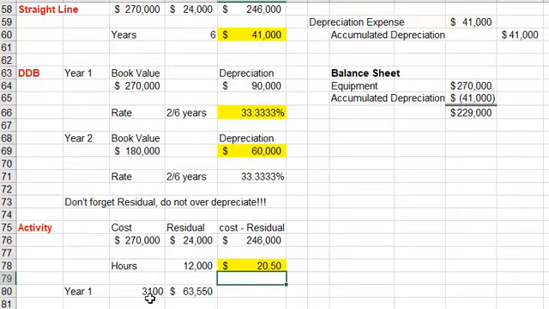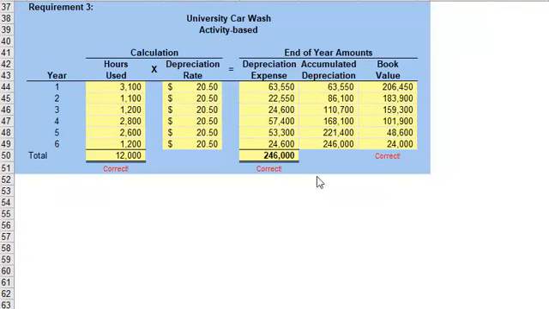For year 1, we take our machine hours that we used of 3,100 and multiply it by our rate of 20.50 to give us $63,550.